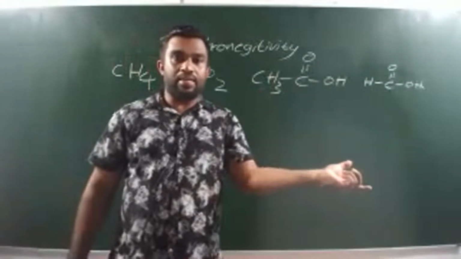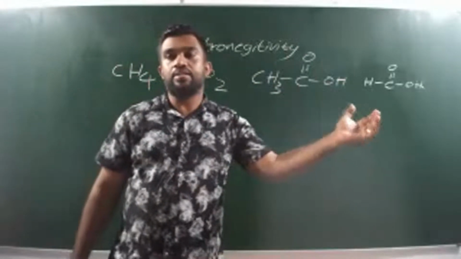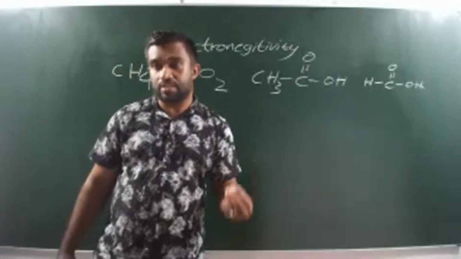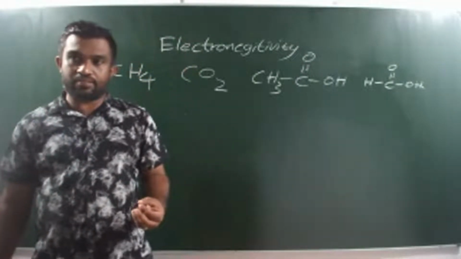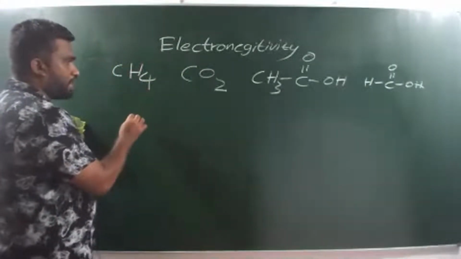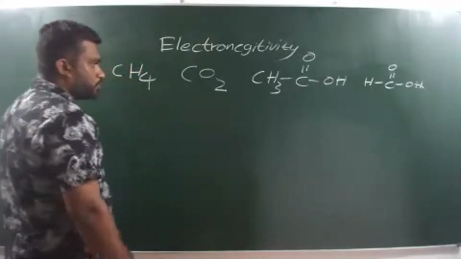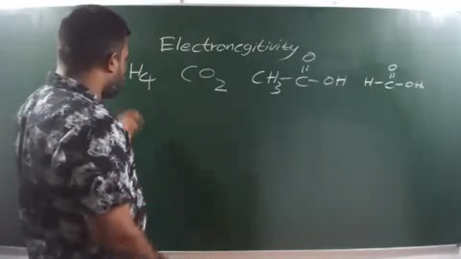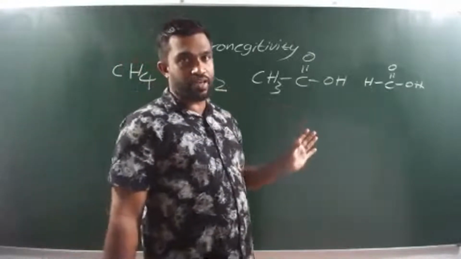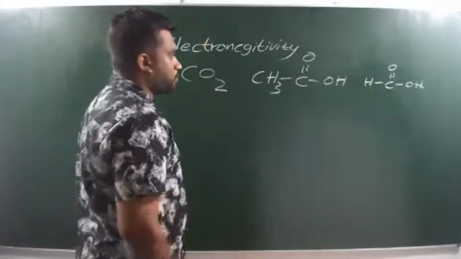Now we have learned that when you go left to right in a period, electronegativity will increase with the size decrease. So in here you will be asked to order these molecules according to the way that electronegativity increases.